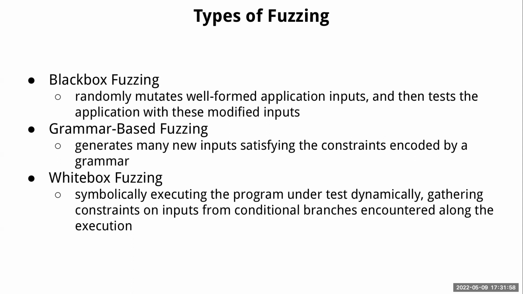Then there is grammar-based fuzzing. So for the input, we are going to define some rules there to help us generate new input. And also there is white box fuzzing. This is also related to other techniques. White box fuzzing basically means we know the program.